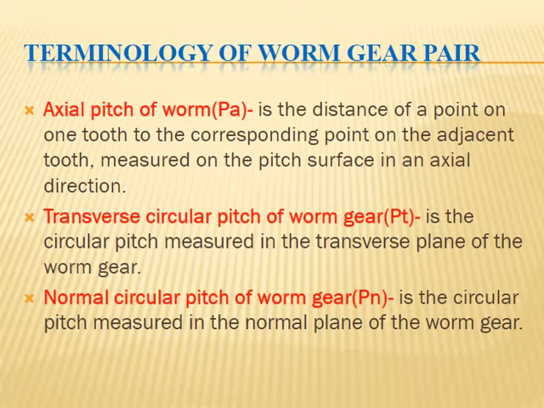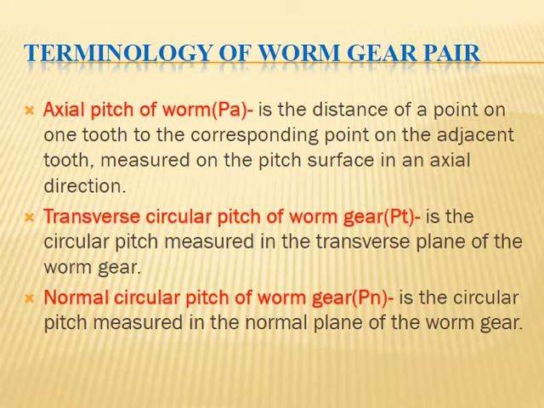So it is denoted by PA. Then transverse circular pitch is a circular pitch measured in a transverse plane, or a plane of rotation, of the worm gear. So this PT is equal to PA, and is equal to pi into m, where m is a module and m is equal to dg upon zg.